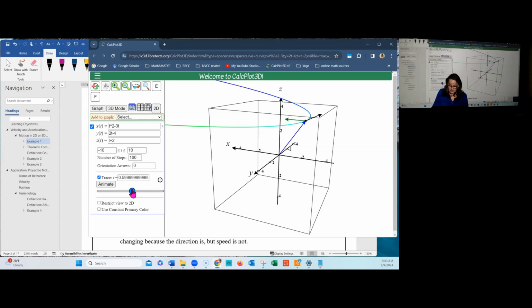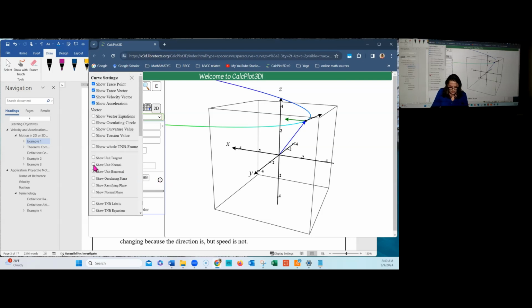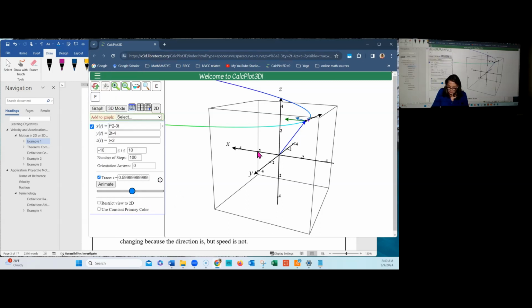Now, if you want to see where the normal vector is pointing, click on the gear symbol and tell it to plot the unit normal, and maybe you want to see the unit tangent as well. Note here that the unit tangent does lie along the tangent vector. The unit tangent vector is represented in a violet purple color, whereas the unit normal is blue.